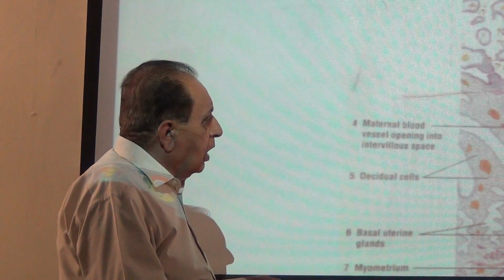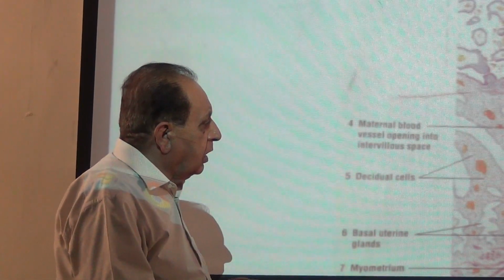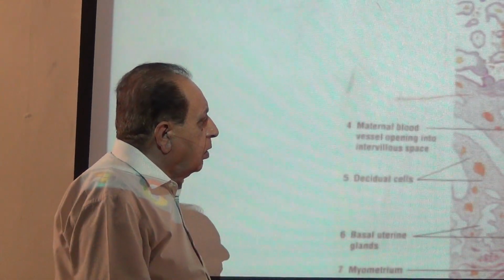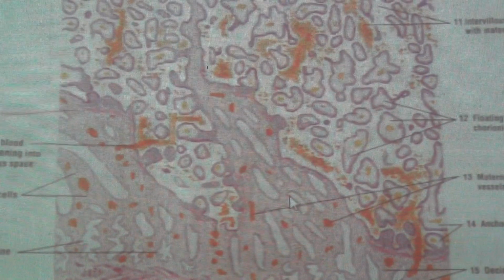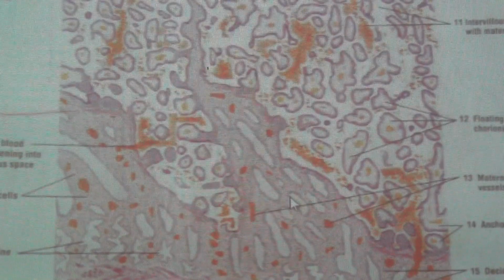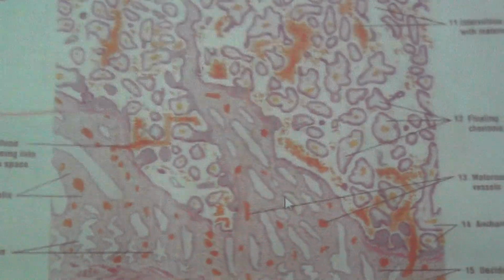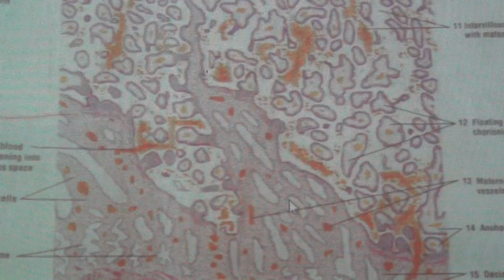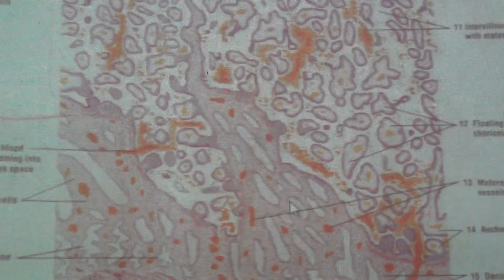So that was about the maternal portion called the decidua basalis.